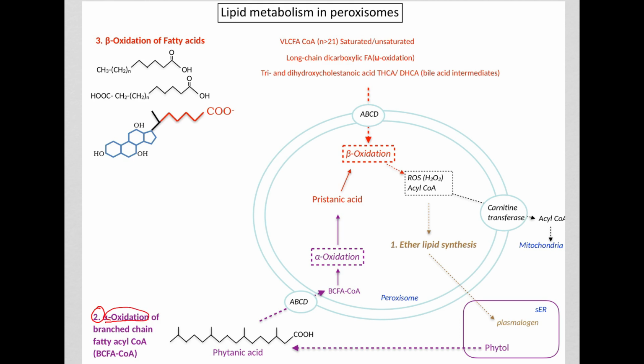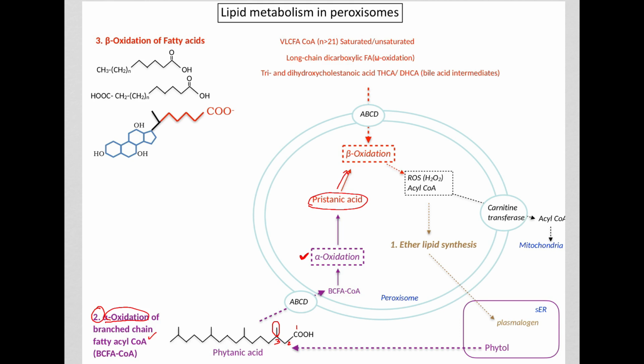This alpha-oxidation is necessary for branched-chain fatty acids. For example, you can see there's a branch here at position 3. Because of this branch, this fatty acid cannot undergo beta-oxidation. Therefore, it first has to undergo alpha-oxidation, and after that, it will form a product that can then undergo beta-oxidation.